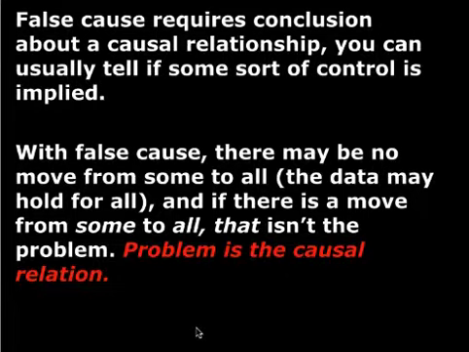And you can tell if they're implying control. So with false cause, there might not be a move from some to all. Okay? The data that you're appealing to might be all members of the group. You might have all of the data about all of the A's and all of the B's. The problem is that there's a move to a causal relation.